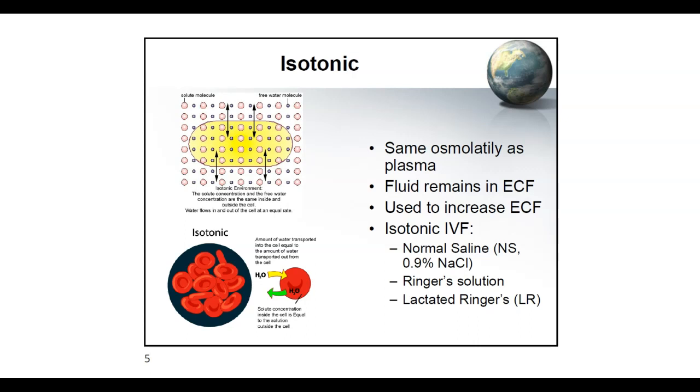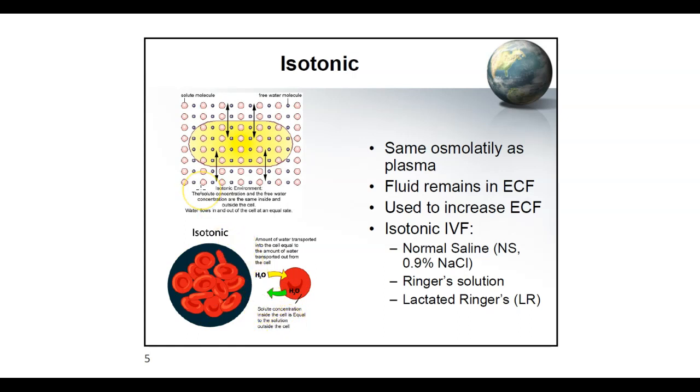So for the most part, both concentrations within the cell and also within the serum stay about the same. So the same osmolality as plasma. And again, the extracellular fluid remains the same. And it just flows back and forth within those two compartments. So as you can see here in this image, basically the water just goes in and out and it stays quite consistent, right? So it has the same amount within the cell and outside of the cell.